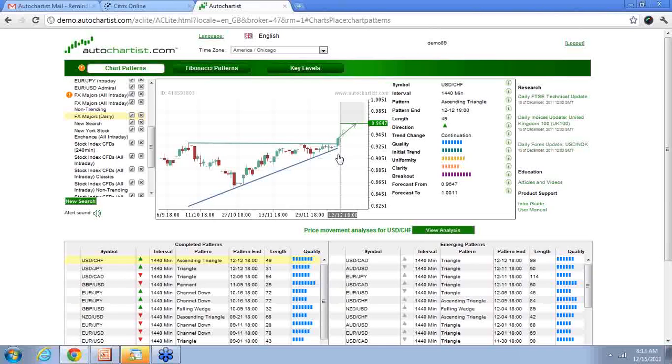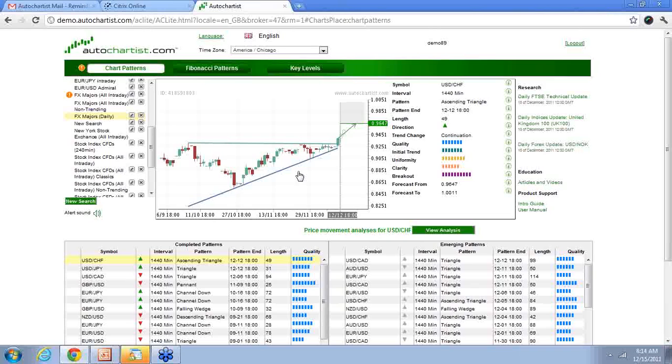In this case, you see there's a strong breakout here, but what I'd like to focus on is this ascending triangle. There are a couple of formations that I watch, and they're basically in what I call the non-trending category. Non-trending patterns are patterns like triangles and pennants.